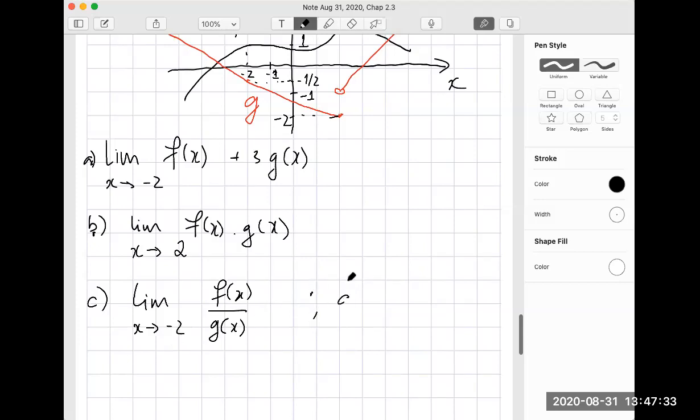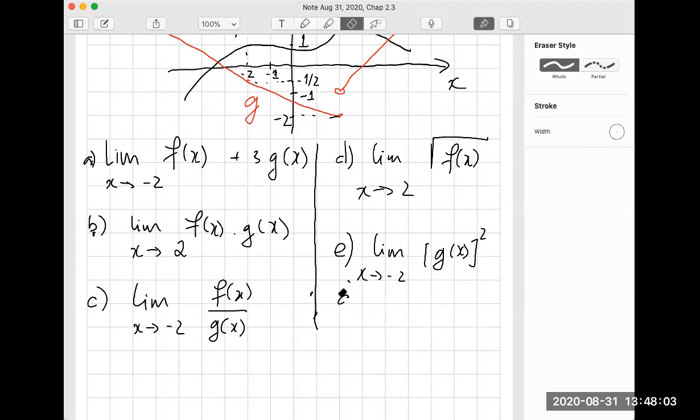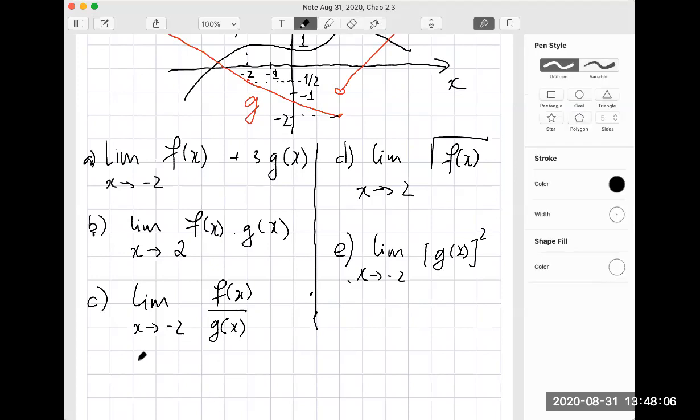And D, let us write it on here. D, limit of square root of f of x when x approaches 2. And E, limit of g of x squared when x approaches -2. So these are the questions. And let us go one by one, right?